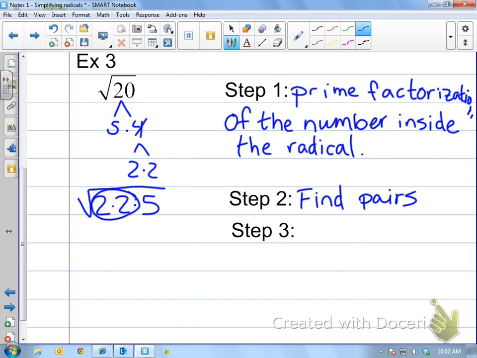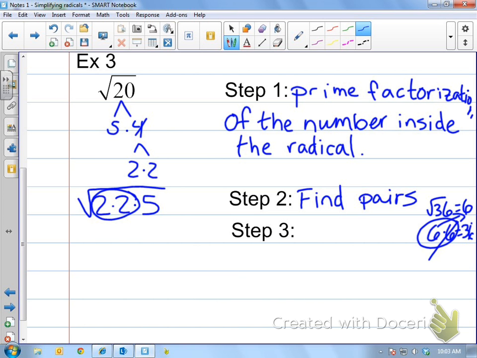So we have to think back to what we learned about our square roots. We said square root of 36 is 6, and the reason is that 6 times 6 is 36. So we had a pair here, but how many of these came as part of our answer? Just 1. So 1 moved out to be our answer, 1 just went away.